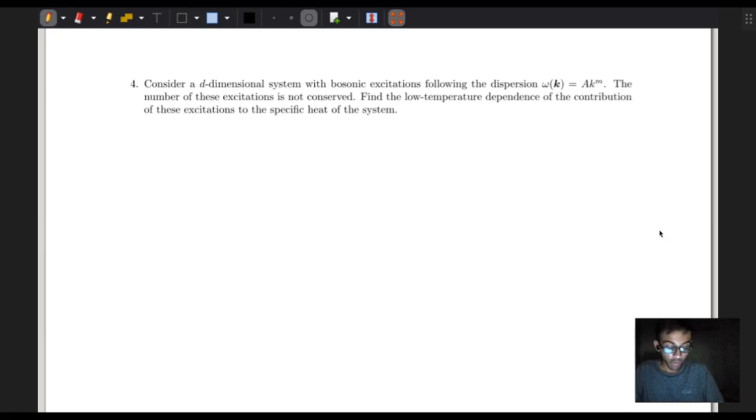Just to comment about why we care about these problems. I mean, why do we care about some d-dimensional system? So it turns out that in condensed matter systems, you can have systems in which the excitations or the particles move effectively in only, let's say, two dimensions or one dimension.